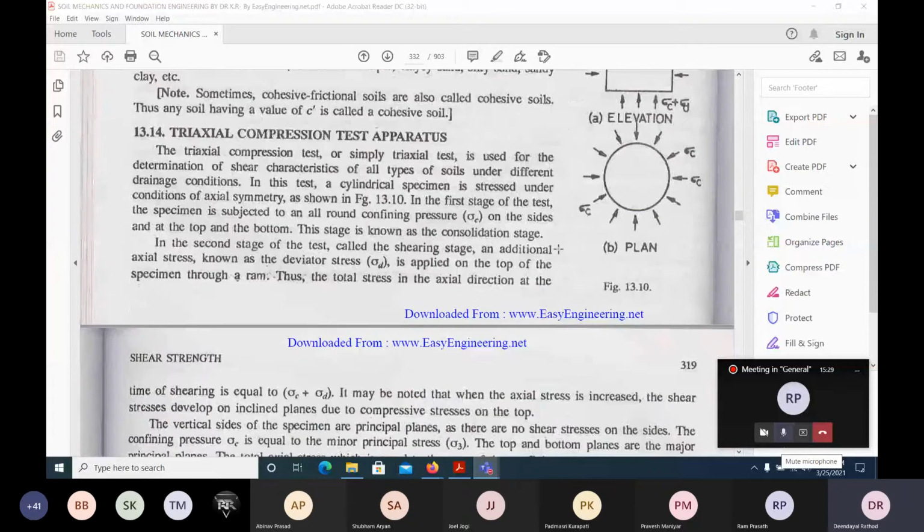In general, we can measure the pore pressure. There are two stages, as I have already told you: one is the consolidation stage, and the second is the shearing stage. Based on that, we have classified the tests as UU, CU and CD: unconsolidated undrained, consolidated undrained, and consolidated drained tests. So, the quick test, the medium test and the slow test.